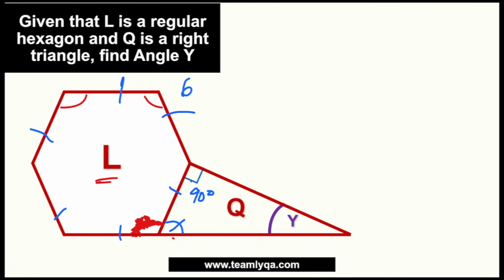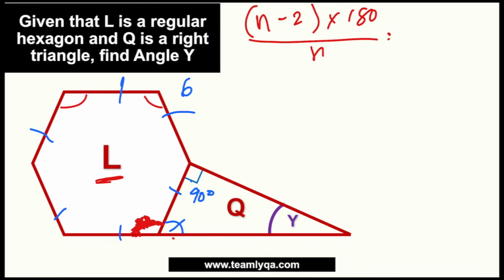Okay? So, simulan natin muna dun sa interior angles ng polygon L or ng regular hexagon. So, ang formula natin is going to be, sabi natin, yung N minus 2 times 180. Tapos, i-divide natin siya sa kung ilan yung sides, which is N din. Okay?